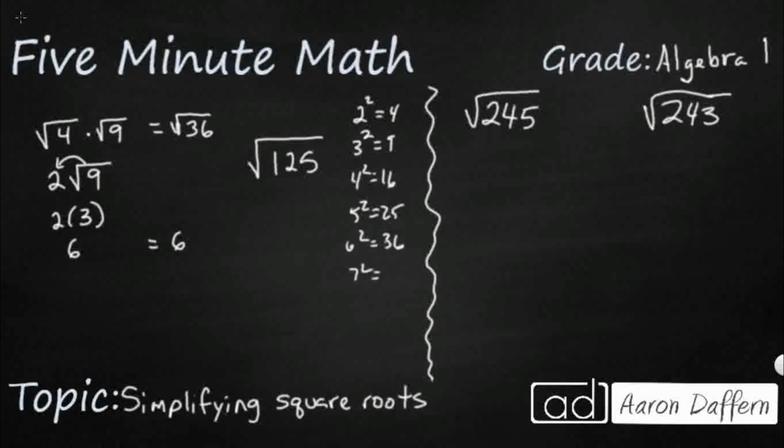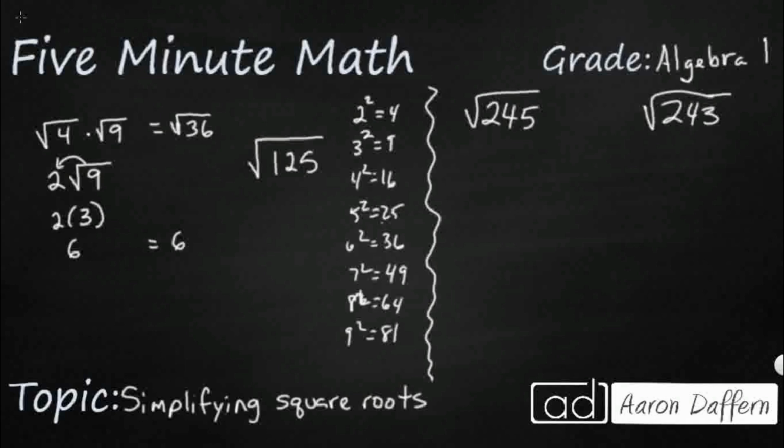We're probably just going to go up to 64, 81. We can go a little bit higher, but I doubt we're going to get larger than that. And what we're thinking is, how can we divide 125 by one of these numbers? Hopefully it's just a guess and check.